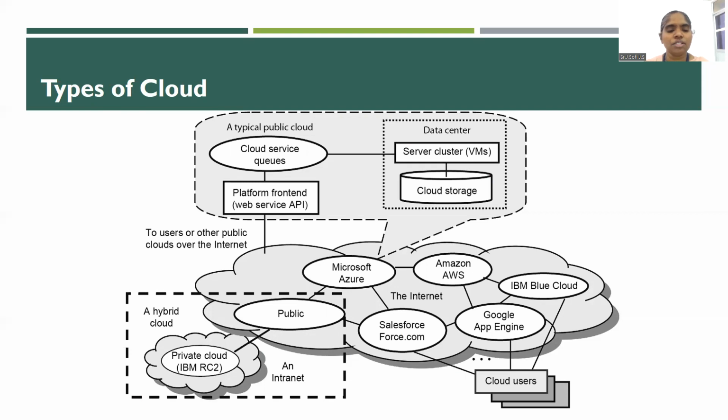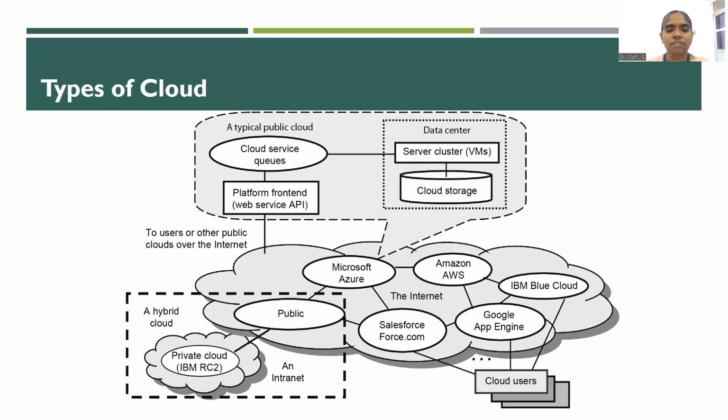And if you come to this private cloud, IBM C2, it is operated within an intranet, within an organization. When there are insufficient resources, we get the resources from the public cloud. So we are combining both public cloud as well as private cloud. That's why it is called hybrid cloud.